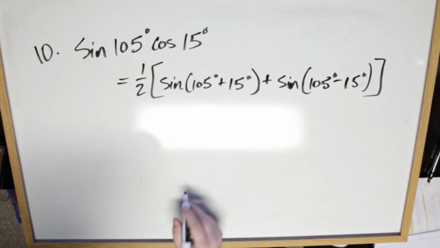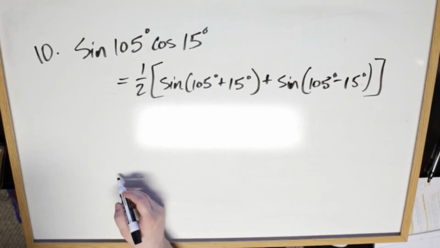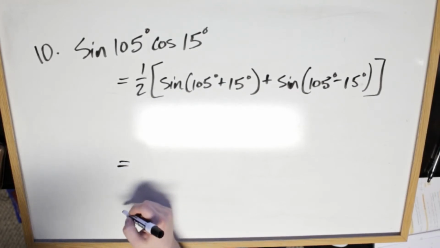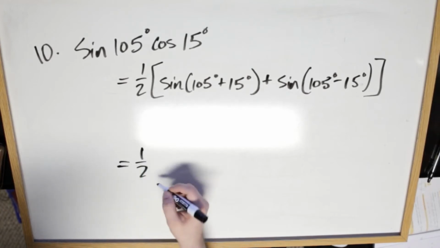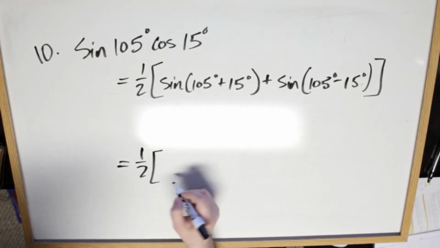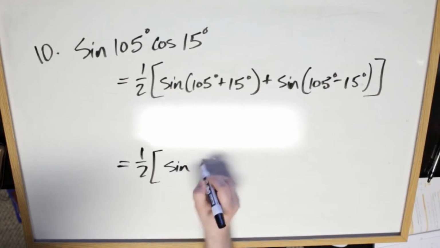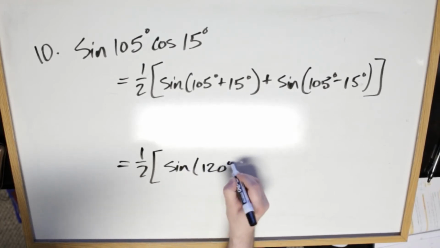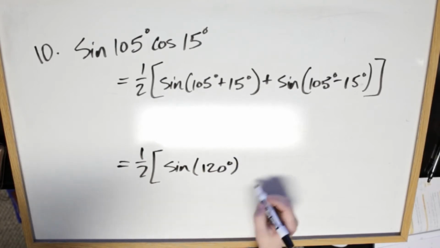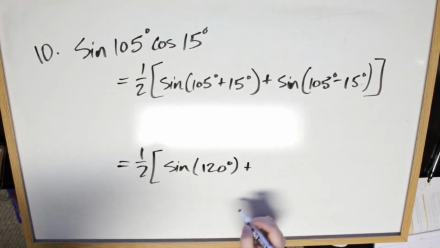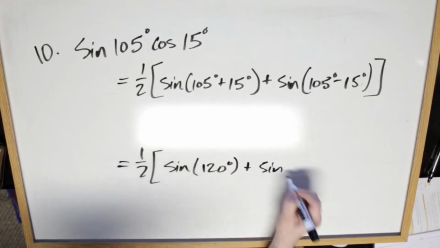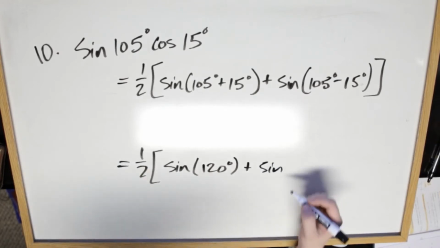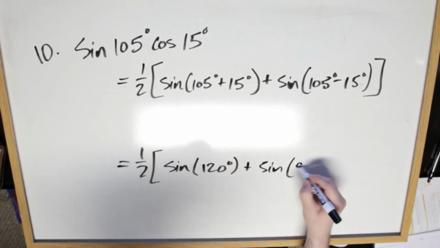Okay, and let me jump over this glare here. So this is going to be the same as 1/2 the sine of 105 plus 15 is going to be 120. And I'm adding the sine of, in this case, this is going to work out to being 90, actually. So that's kind of nice.